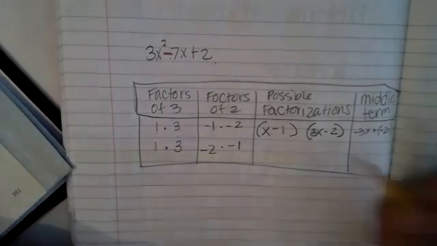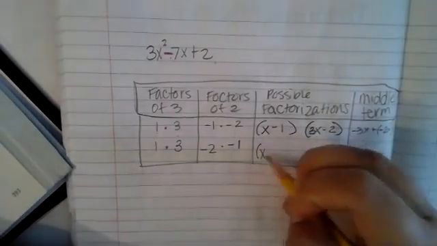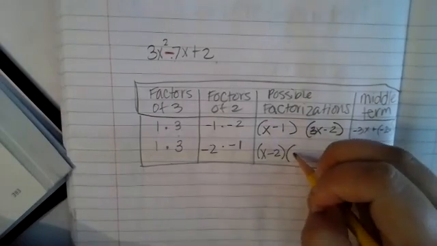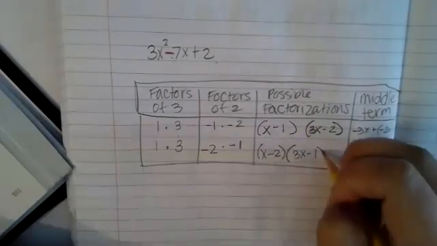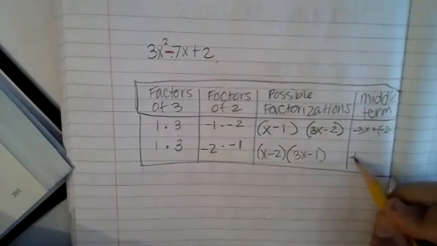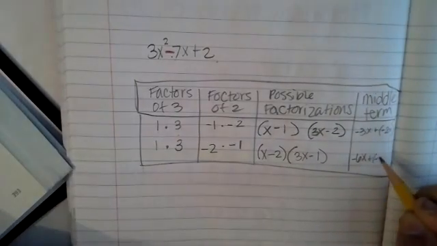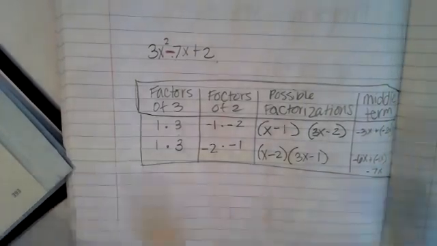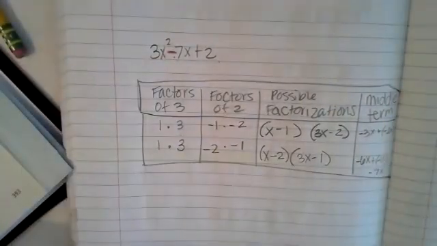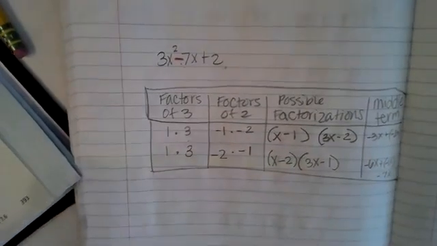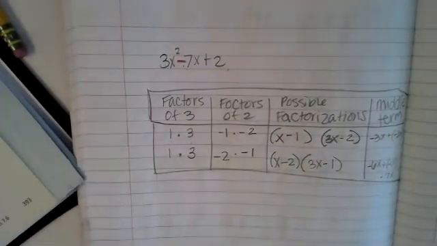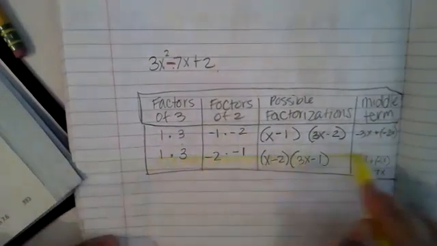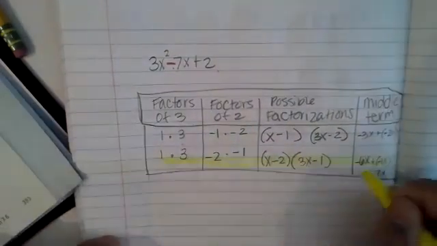My apologies. Okay, so over here we have x minus 2, and then we have 3x minus 1. This becomes -6x plus -1x, so that is -7x. So that is going to be the factorization that works here.